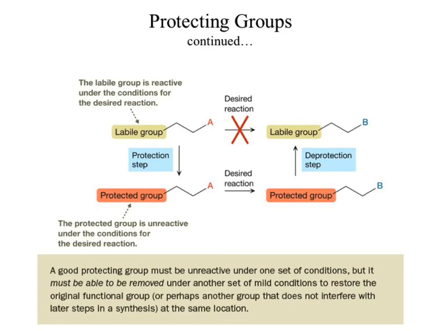If you go through and do this, the chemicals from your protection step, are they necessary to get to your product? Are they in your product? No. So all the chemicals you use in that first step are now waste. How about the second, or the deprotection? Also waste.